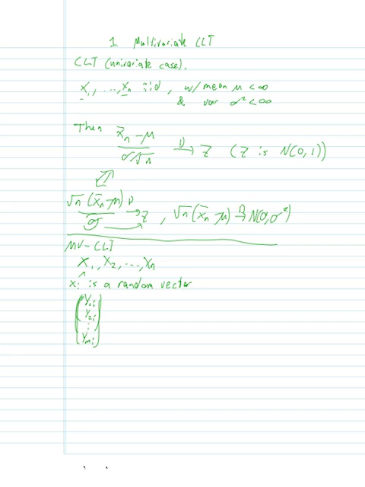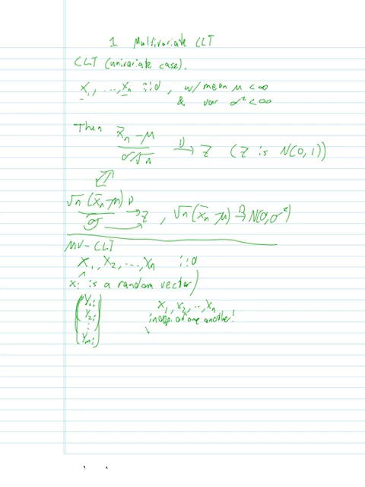So now we have that x1, x2, up to xn, all of these random vectors are IID, meaning that each one of these vectors is independent of one another. That does not mean that inside one of these vectors, each y is independent of one another.